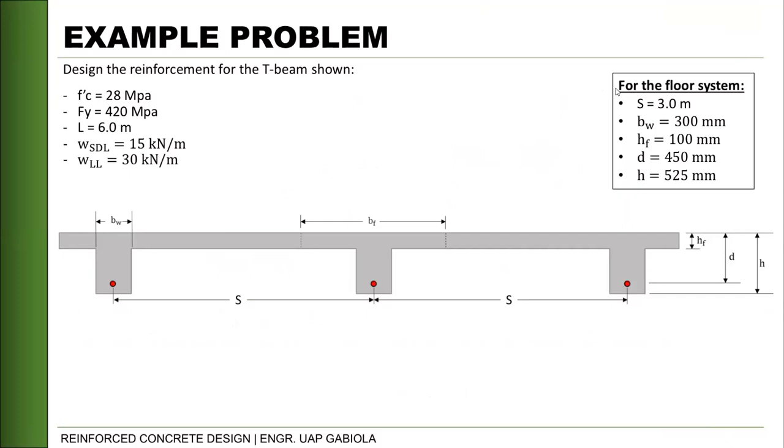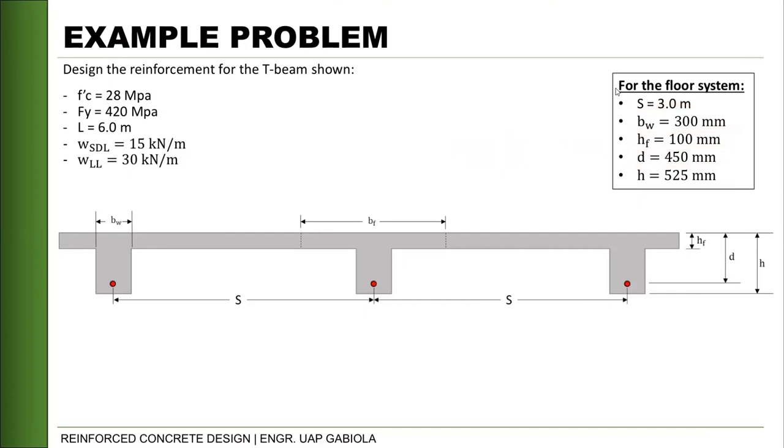We have a superimposed dead load of 15 kilonewton per meter, and a live load of 30 kilonewton per meter. For the floor system, we have S, or the center to center spacing of the web, equals 3 meters. Beam width is 300. Height of flange or slab is 100. Effective depth is 450. Then h is 525.